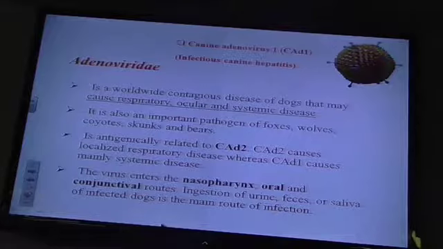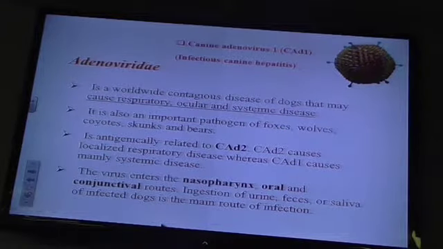It affects other animals in the Canidae family: foxes, wolves, coyotes, skunks, and bears. Now bears, obviously not.